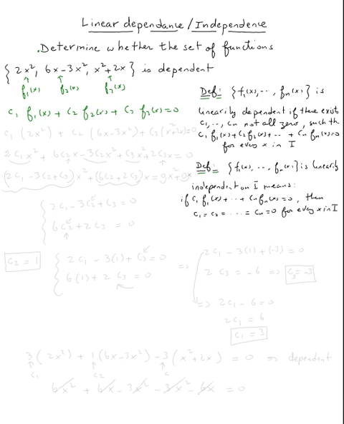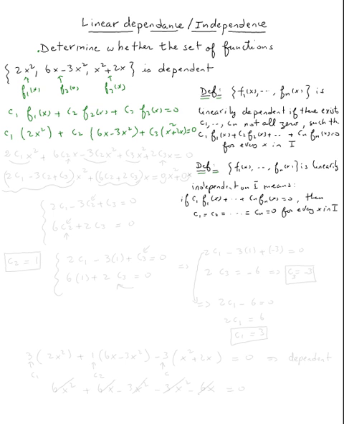If we can find three constants, not all of them 0, that satisfy this equation, then it's linearly dependent. So c1 times f1 of x is 2x squared, plus c2 times f2 of x, which is 6x minus 3x squared, plus c3 times f3, which is x squared plus 2x, and this is equal to 0.